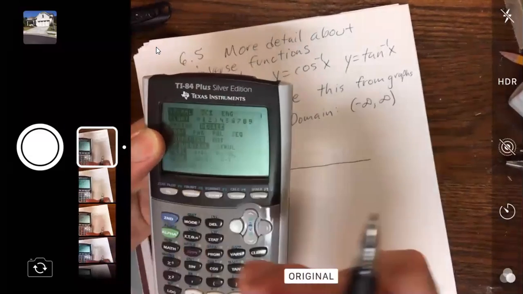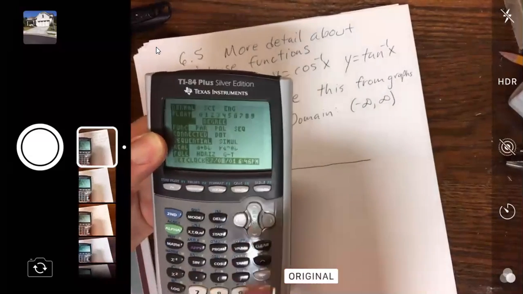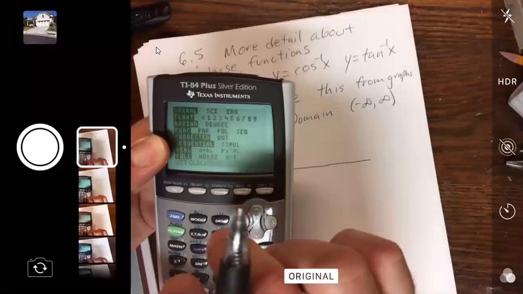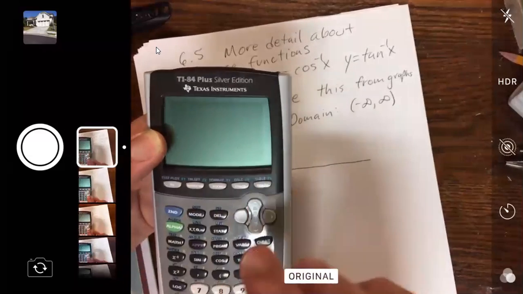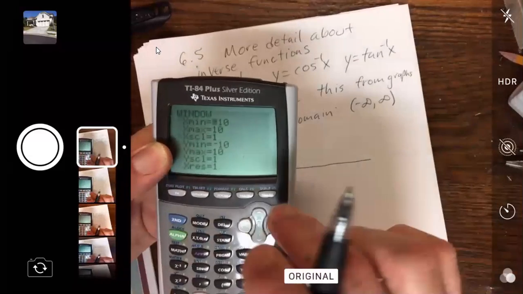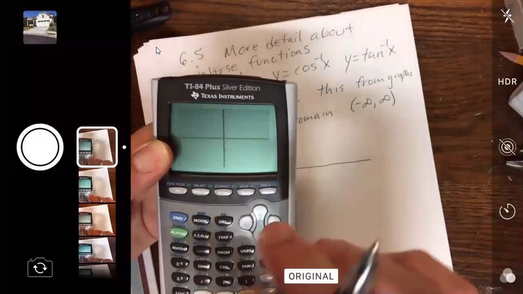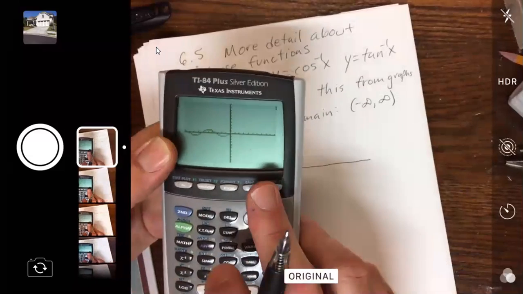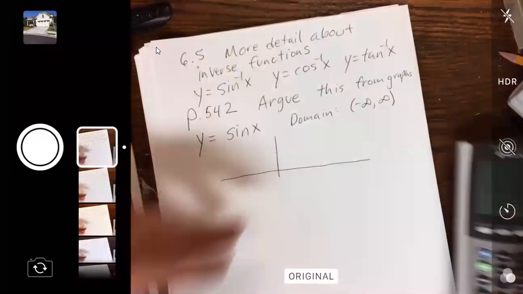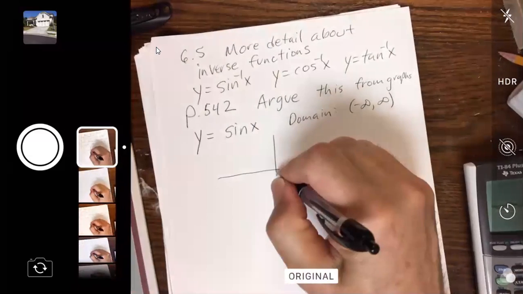make sure I'm in radian mode. I'm not. Radian mode, y equals sine of x, pretty standard window, graph, and you get your standard sine wave. It goes through the origin.